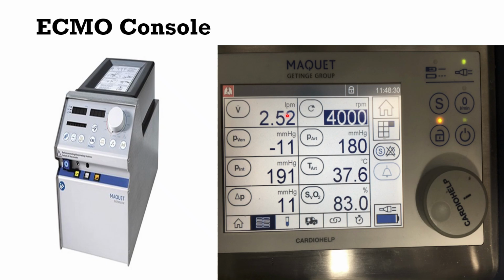If this pump is centrifugal, it's preload sensitive and afterload dependent, so the flow changes from time to time depending on the patient. It's very important to monitor the speed and trace it over hours with the flow, to avoid unnecessary drops of the flow while we monitor the patient.